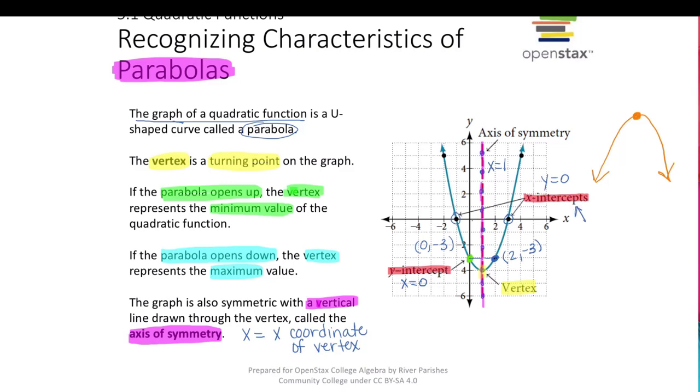These x-intercepts are also called the zeros of the graph. So if it asks you to find the zeros, then that means you're finding the x-intercepts. And to find the x-intercepts, you set y equal to 0 or f(x) equal to 0, and you solve for x. So those are the characteristics of a parabola.